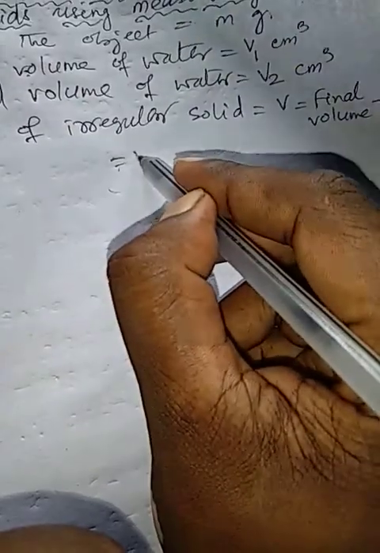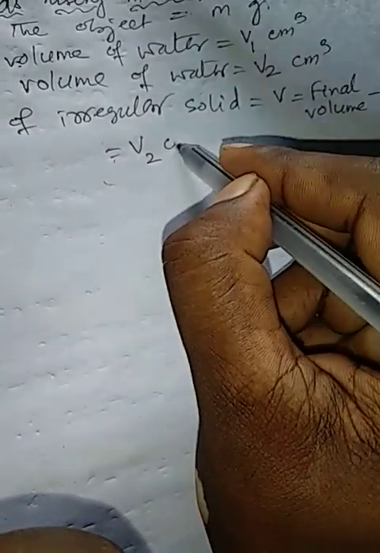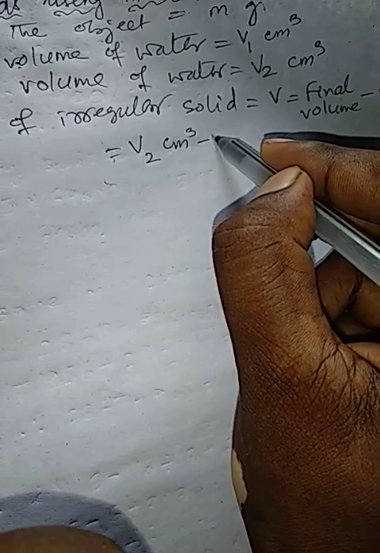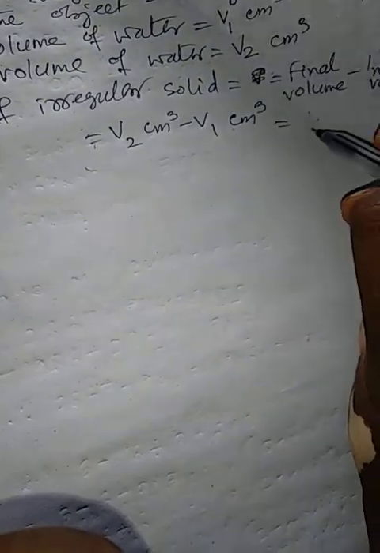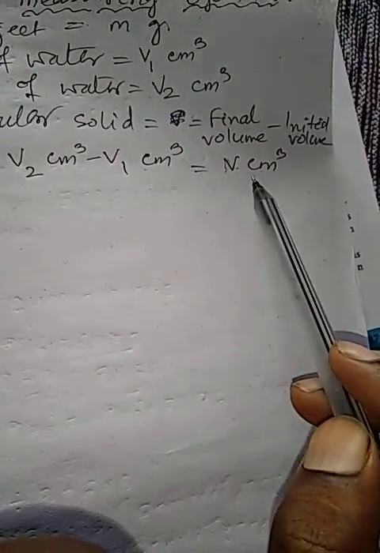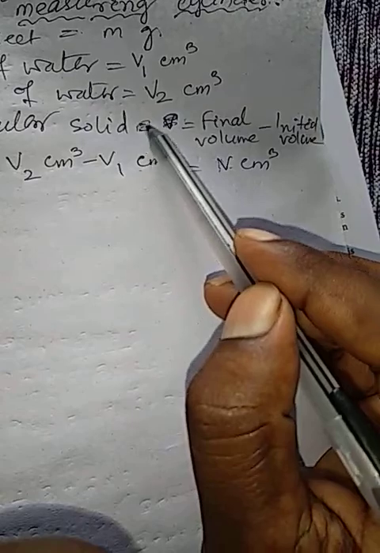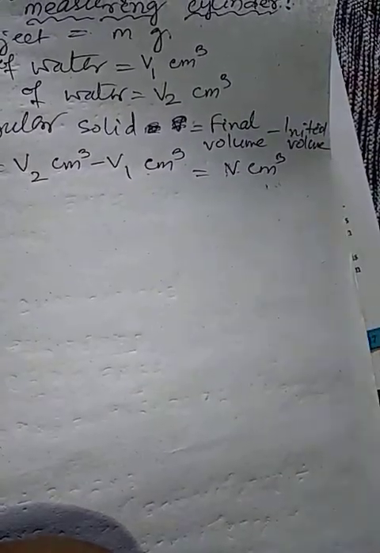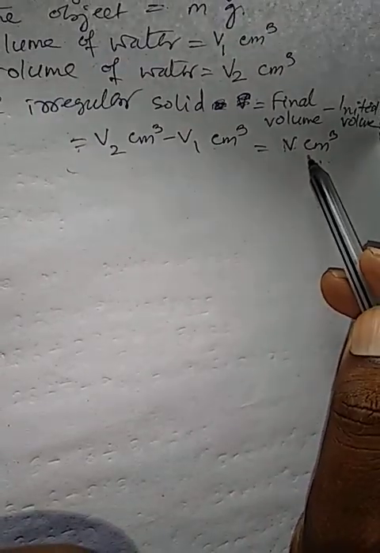Final volume is V2 centimeter cube minus the initial volume V1 centimeter cube, and let it be V centimeter cube. Let us denote the volume of the irregular solid as V centimeter cube.